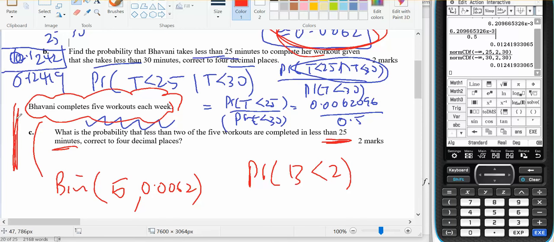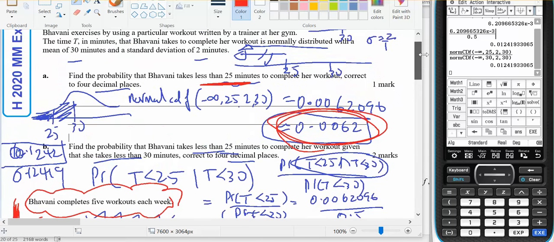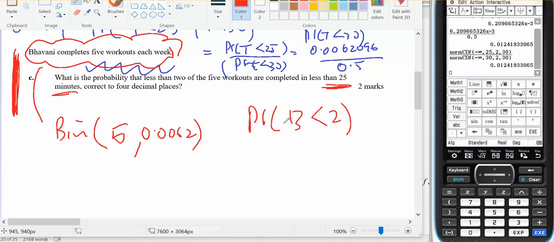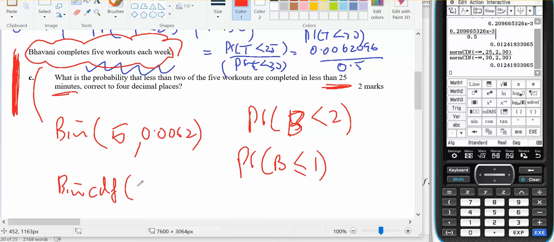So notice this question picks up the probability from up here and uses it as the p-value for my binomial. Remember, for our binomial, if it's less than 2, that's the same as it being less than or equal to 1. So I'm now doing a binomial CDF. The lower is 0, the upper is 1, n is 5, and 0.0062 is the probability of success.